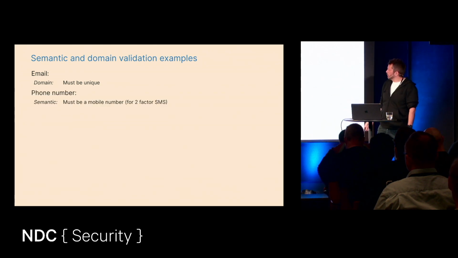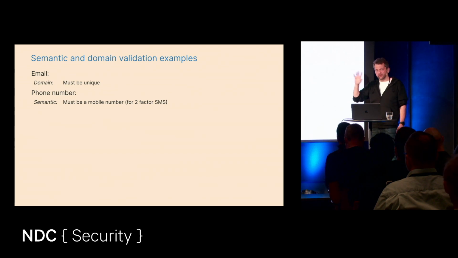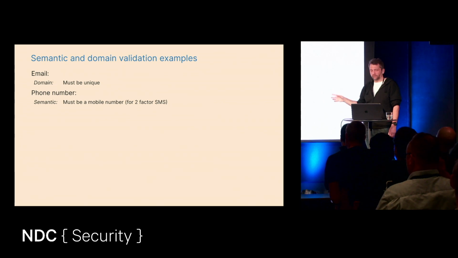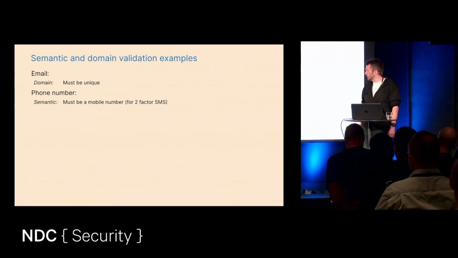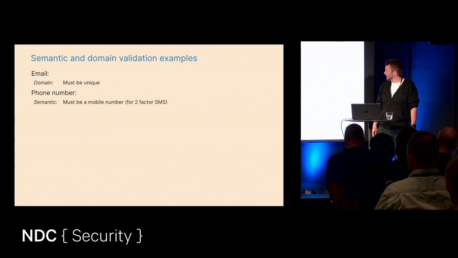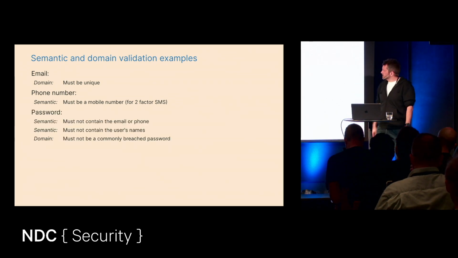Phone number: you might want to check that it's a mobile phone number, and that's quite hard. Google has a library for this that has the rules for all kinds of countries, what's a mobile number, what's a landline, and all the other types of phone numbers. But that's also something we might have to check if we're going to use this for two-factor SMS, which we probably shouldn't.